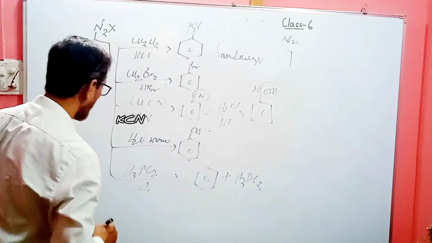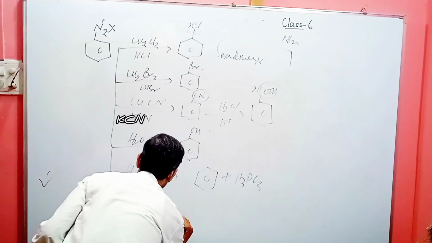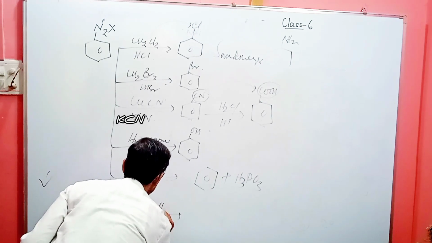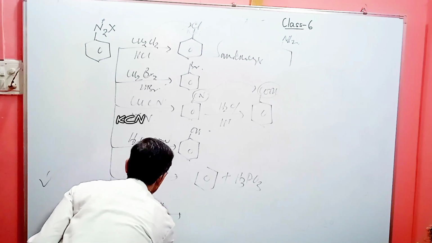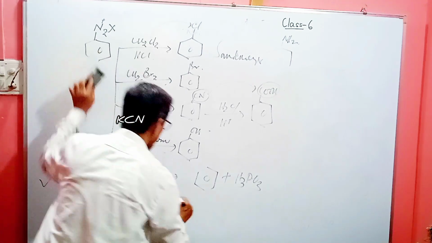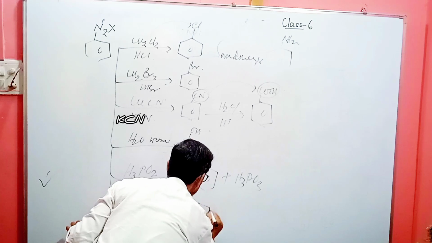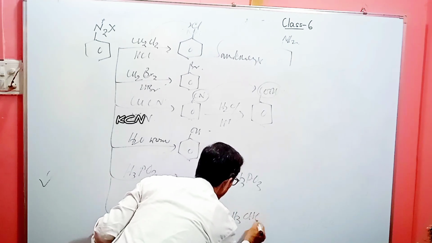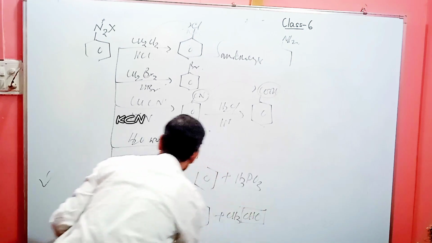And if you give CH3CH2OH, then this part is oxidized. Your answer will be again benzene plus CH3CHO. This part is oxidized only.